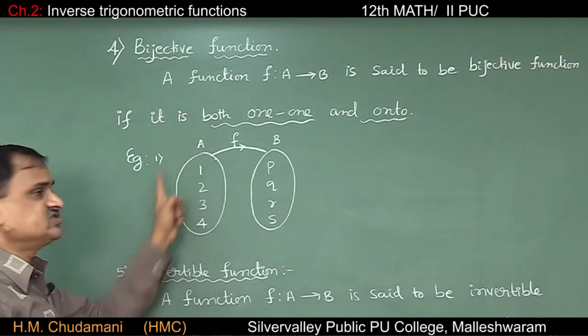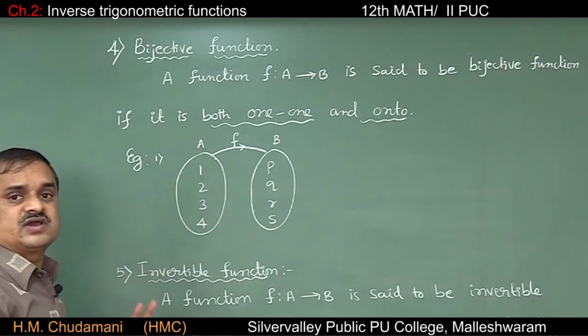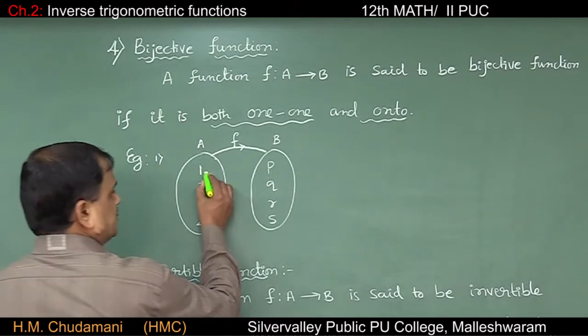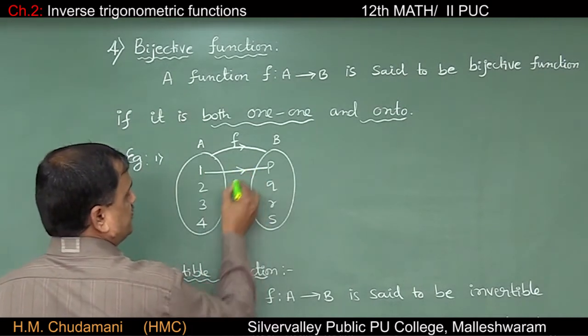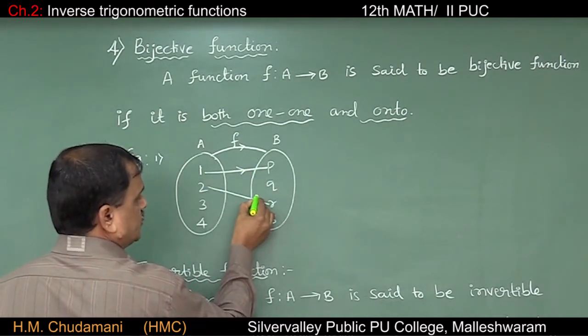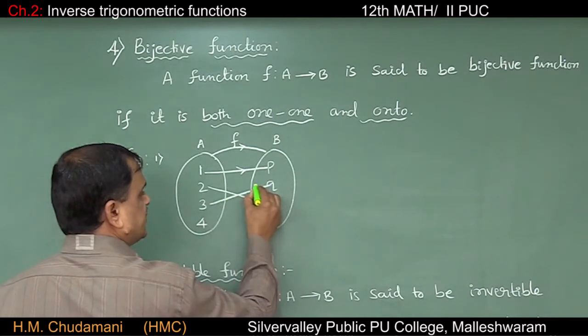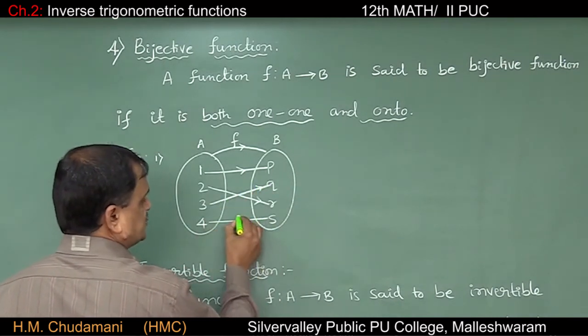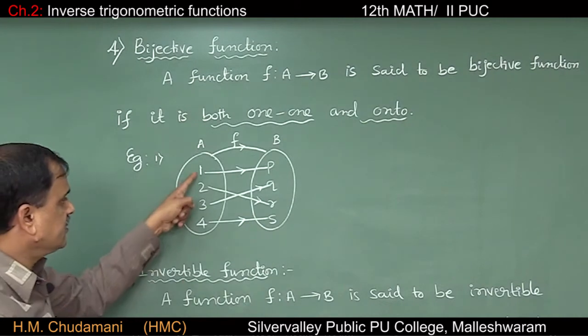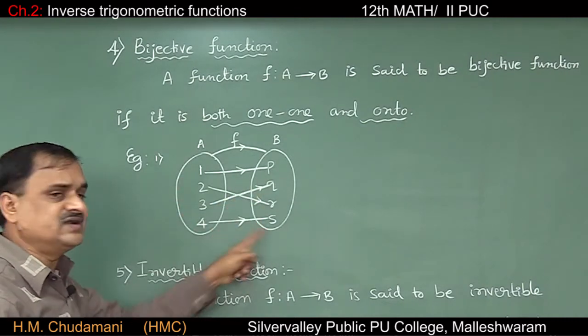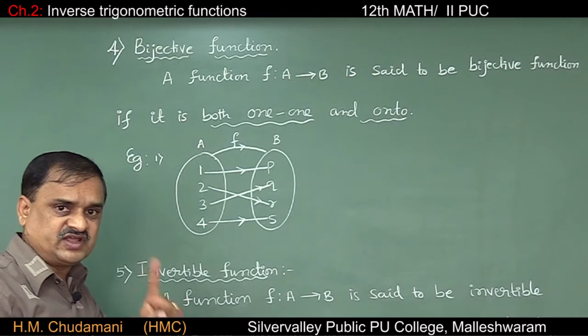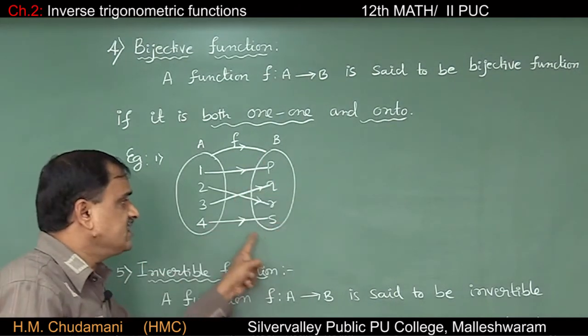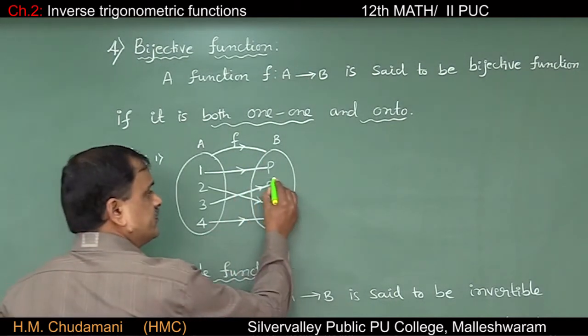The set A consists of 1, 2, 3, 4 and B consists of P, Q, R, S. So 1 is associated to P, 2 associated to R, 3 associated to Q, 4 associated to S. See, different elements have different images. That's why it is one-one.